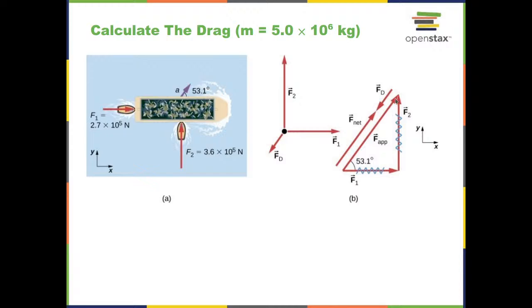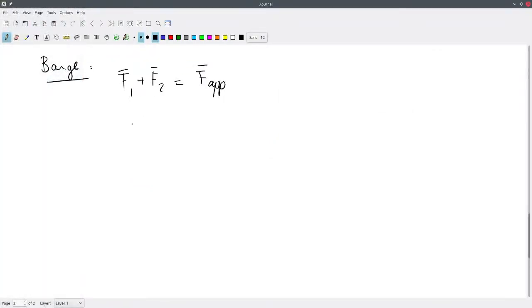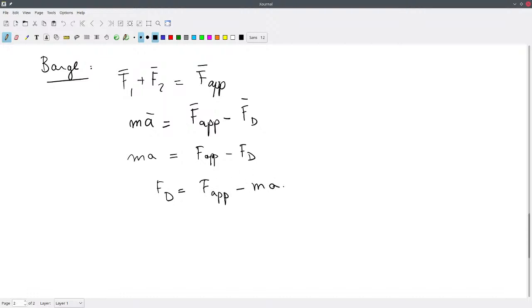The acceleration will be given by the applied force minus the drag. So mass times acceleration will be the applied force minus the drag. And since all of this is along the same direction, this is valid also in magnitudes. MA is the applied force minus FD, and then FD will be the applied force minus mass times acceleration, and that immediately gives us our drag force.